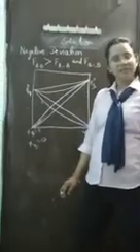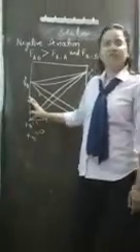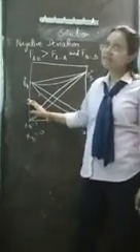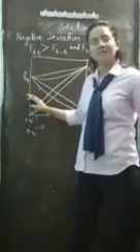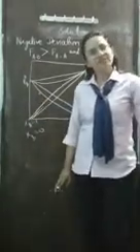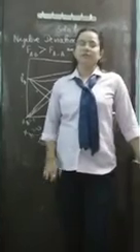Understood? By this graph, we show the negative deviation of the solution from its ideal behavior. This deviation is due to the greater force of attraction between the solute and the solvent molecules.